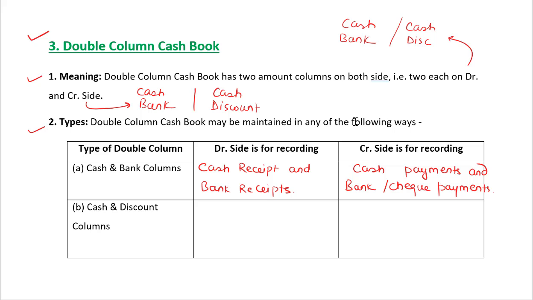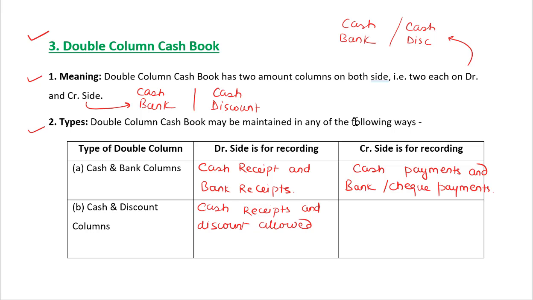Cash and discount columns on the debit side, what will we record? Cash receipt, obviously, and discount allowed. Discount allowed is treated as an expense, and as per the nominal account rule, debit all expenses and losses.